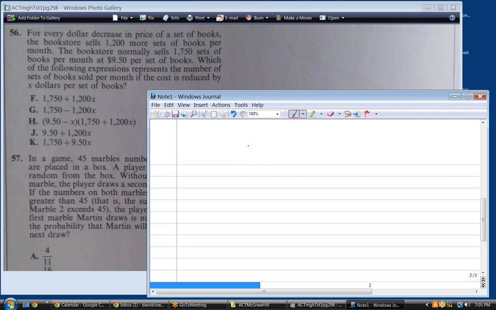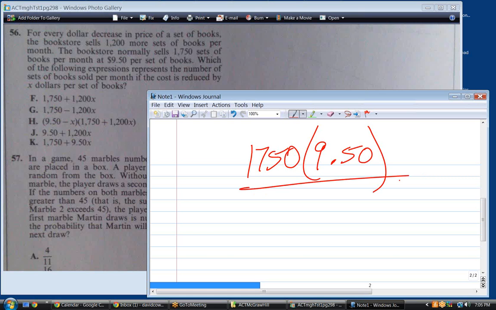Oh, okay. I recognize this. So normally, this is their profit, right? They're going to sell 1,750 sets at $9.50 a set. So if they don't mess with anything, this is the function.